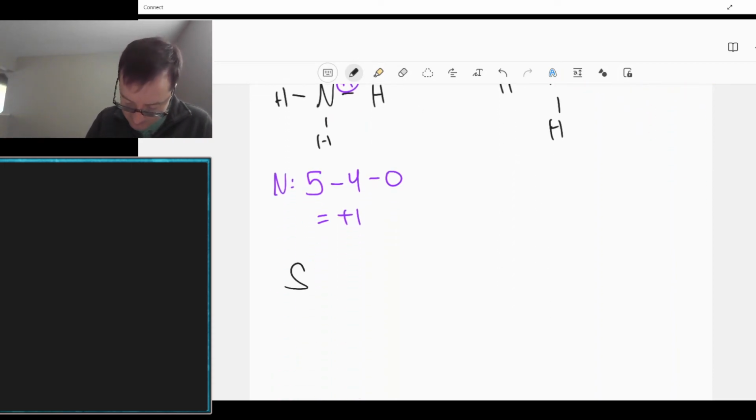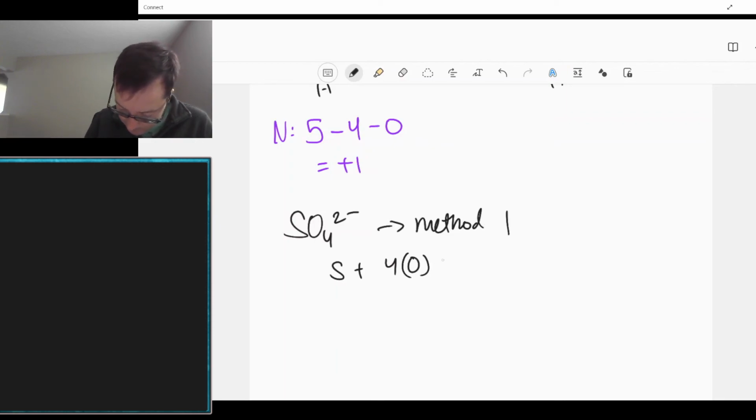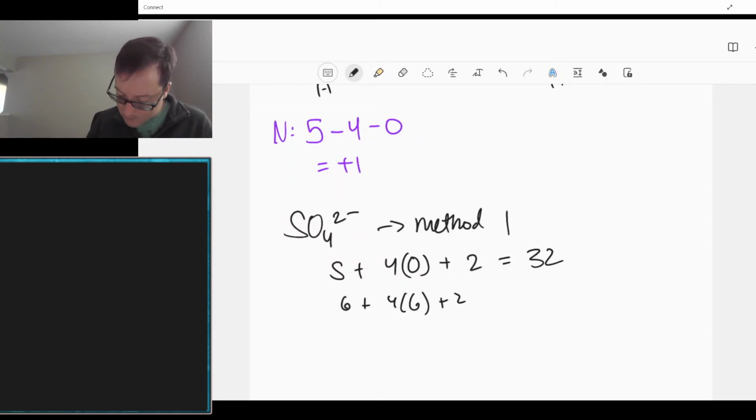Let's do sulfate. All right. Method 1, we would take sulfur plus 4 oxygens plus 2, which is 6 plus 4 times 6 plus 2, is 32 electrons.